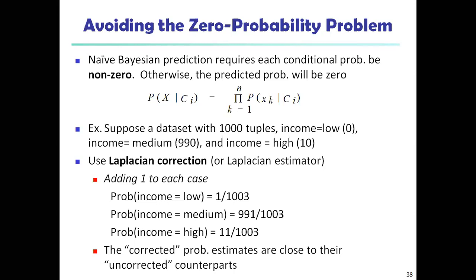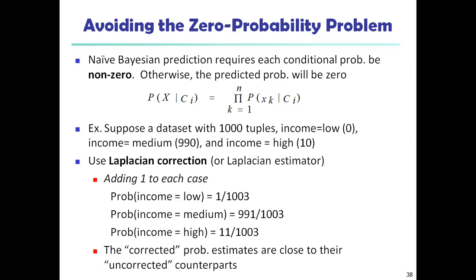Suppose a data set with 1,000 tuples: income low is 0, income medium is 990, income high is 10. Use the Laplacian correction or estimator, adding 1 to each case.